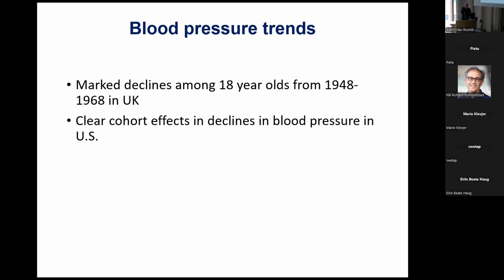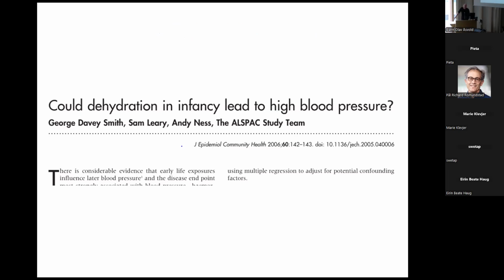Of course, no one at 18 was on antihypertensives. There weren't any antihypertensives basically in use then, but the blood pressure was declining quite markedly. And there are clear birth cohort effects in the decline in blood pressure in the US.